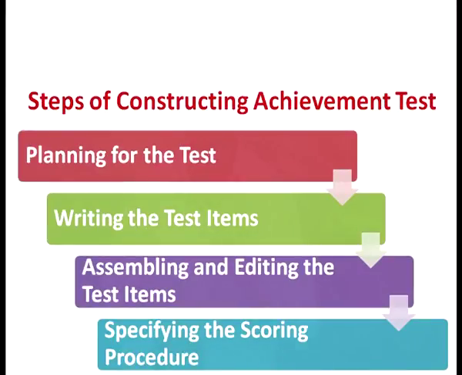The third step is assembling and editing the test items. The last step is specifying the scoring procedure, how the items will be scored, which will be decided by the teacher. So these are the 4 steps: planning, writing the questions, assembling and editing the items, and specifying the scoring procedure. Now, we will deliberate on these steps one by one.